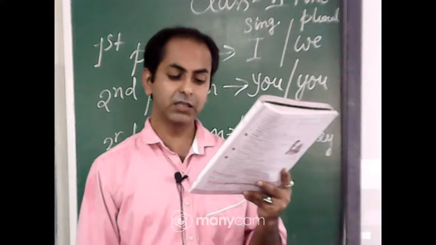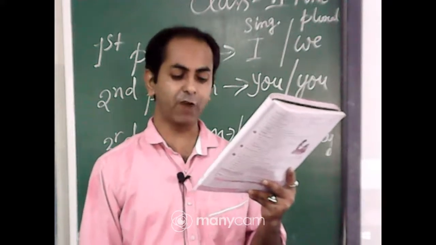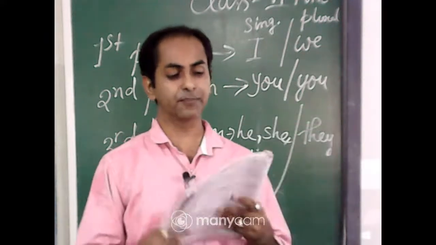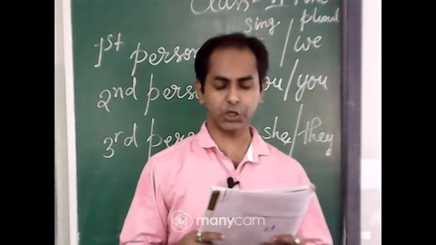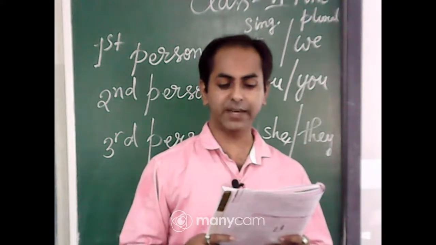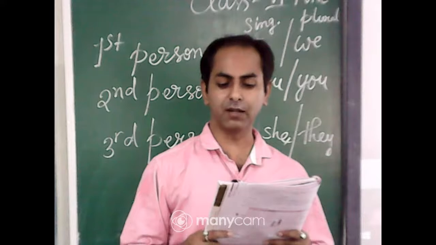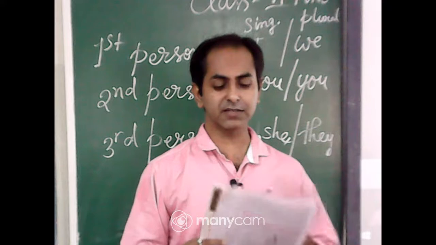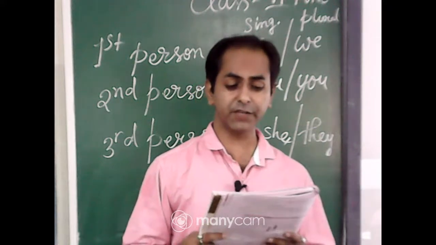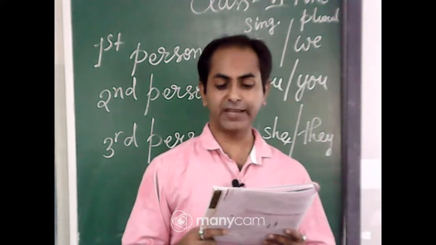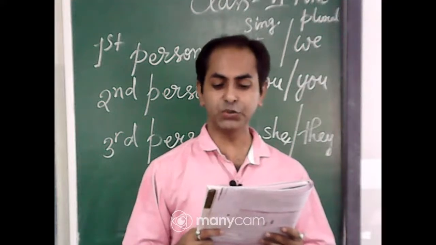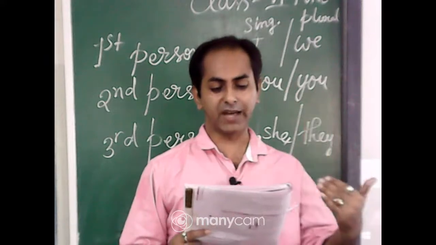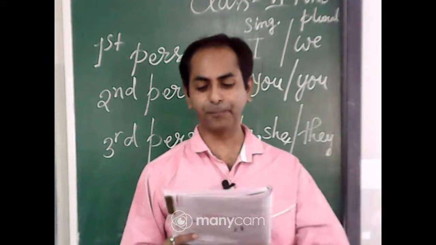Third person he for male, she for female, it for neuter and they for all, singular and plural. And possessive case, to show possession, mine, yours, his for male, hers for female, singular. And to show possession, ours, yours, theirs, these are for plural. Objective case, me, you, him male, her female, it neuter, and them is used for plural, because there we can find us, you, them.